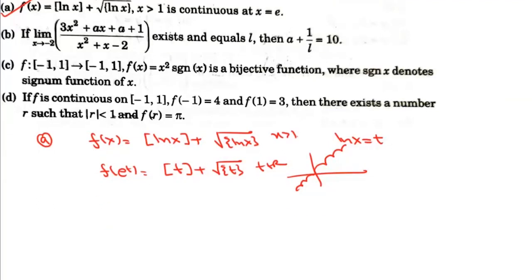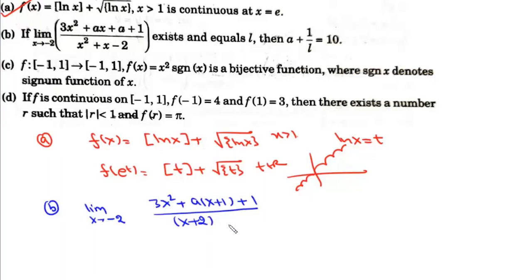Now this part B is the limit x tends to minus 2 of (3x square plus a x plus 1) plus 1 upon, and we can factorize this as (x plus 2) into (x minus 1).